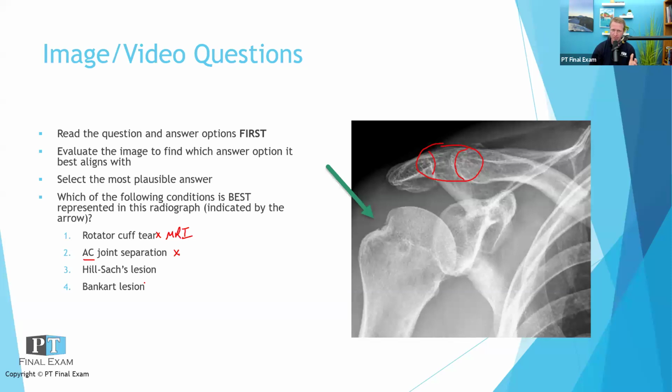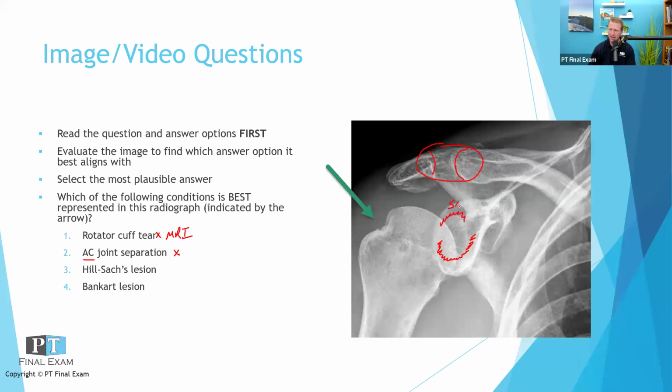Now, and this is maybe the tricky part on test day, what if you can't remember Hill-Sachs versus Bankart? Those names mean nothing to you. Well, that makes it really hard to find the correct answer. But if you know that the Bankart lesion is a labral tear. Bankart lesions, just of note, are an inferior labral tear, whereas SLAP lesions are at the top.